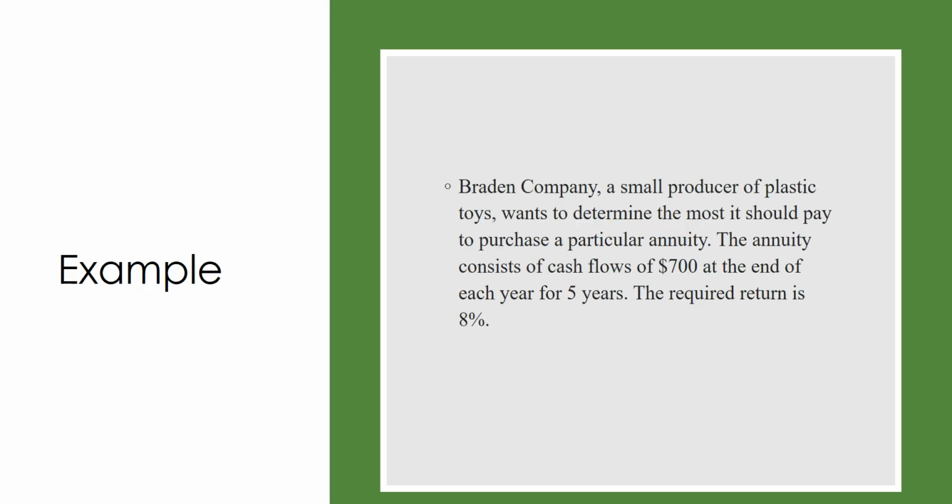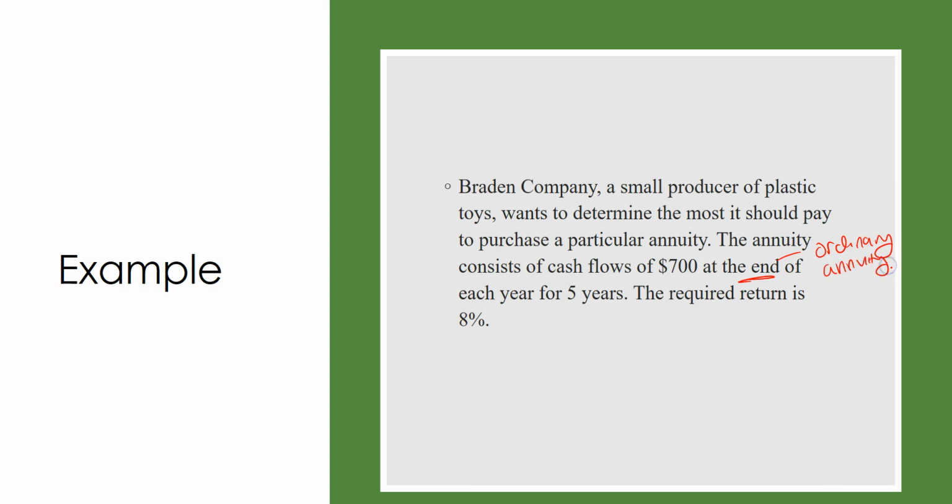Let's do an example. Braden Company wants to determine the most it should pay to purchase an annuity. The annuity consists of cash flows of $700 at the end of each year for 5 years. So at the end of each year tells us that this is an ordinary annuity. They could have said it either way.